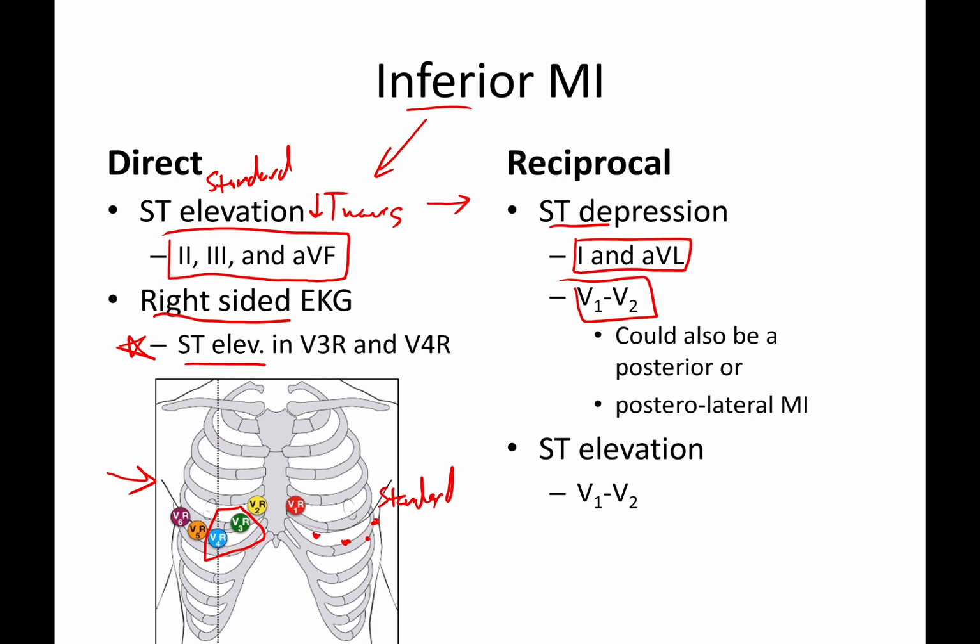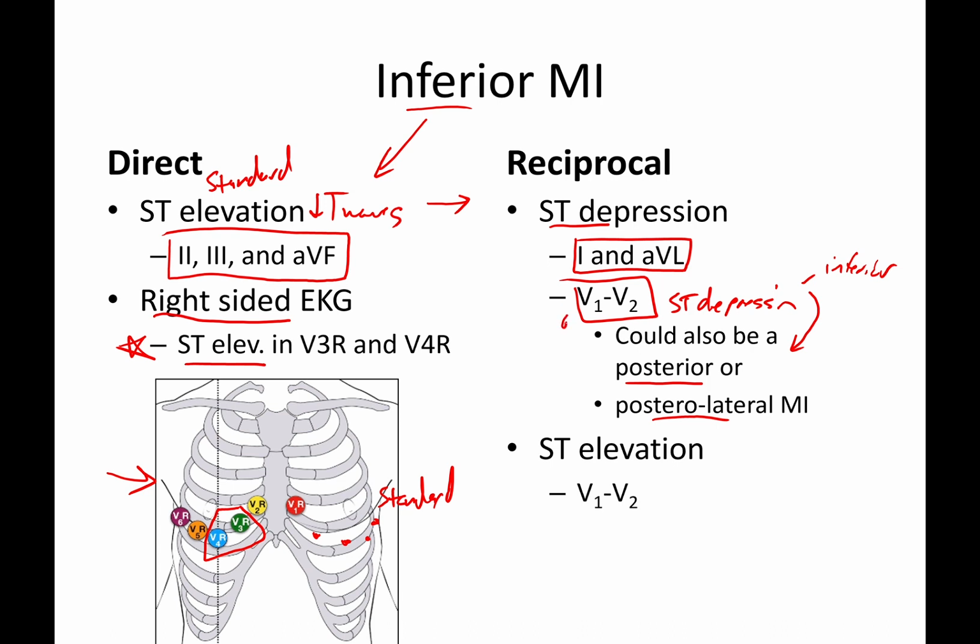This becomes a bit of a challenge, and we'll talk about it in the next slide too, is that the reciprocal change of ST depression in V1 and V2 may be for an inferior MI or could potentially be because of a posterior or a posterior lateral MI.